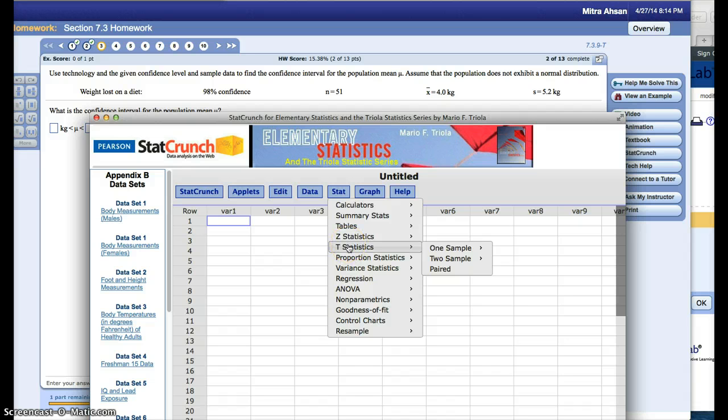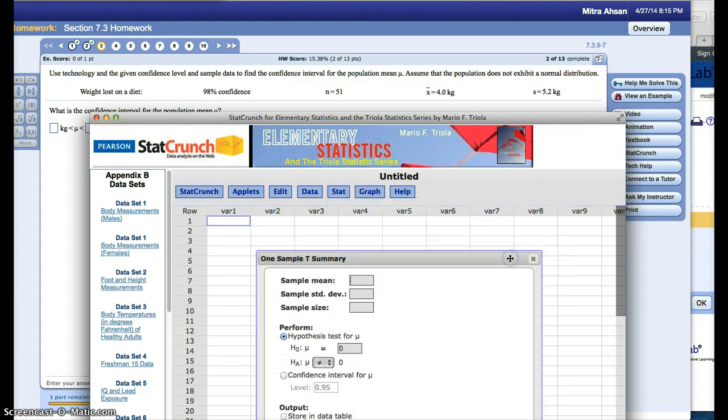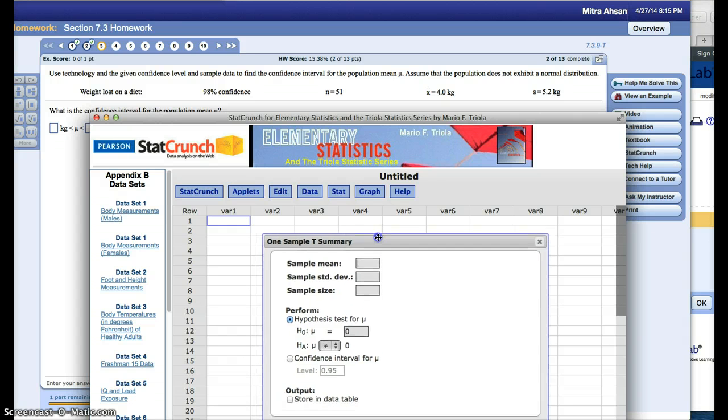And in section 7.2, we went to proportion statistics because that was for proportion confidence interval. But here, for mean, you have to choose one of these. Again, since I don't have the value for sigma and I have to estimate using s, I have to use t. So I have to go to t statistics, one sample with summary, and put all the information.